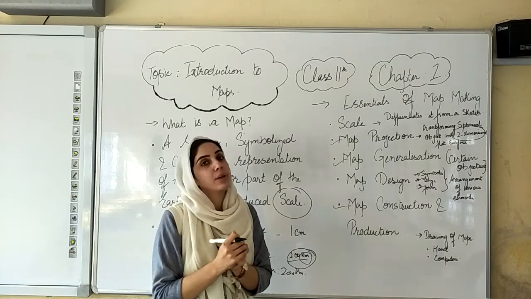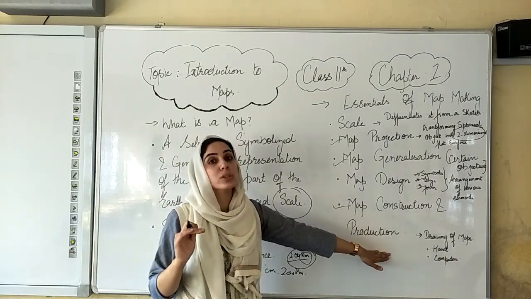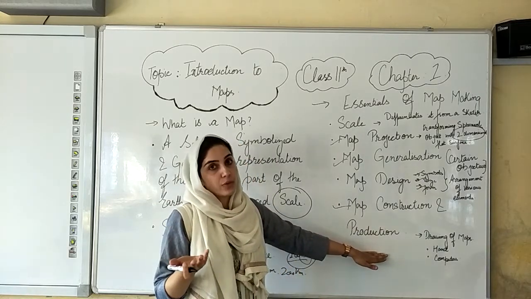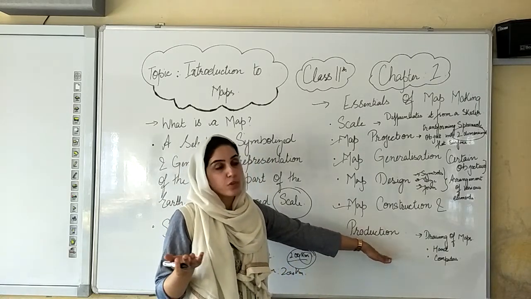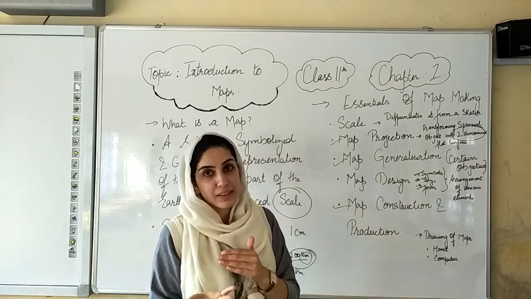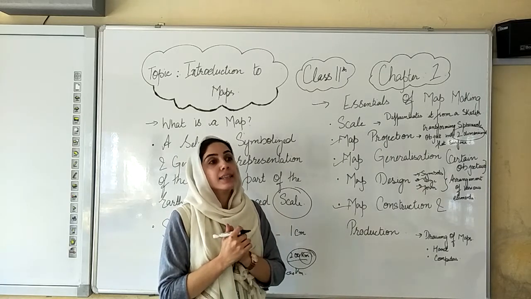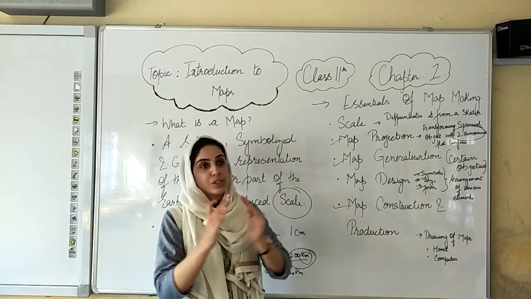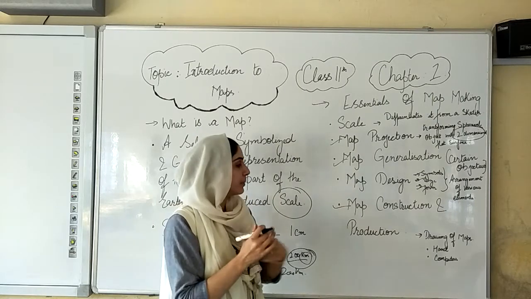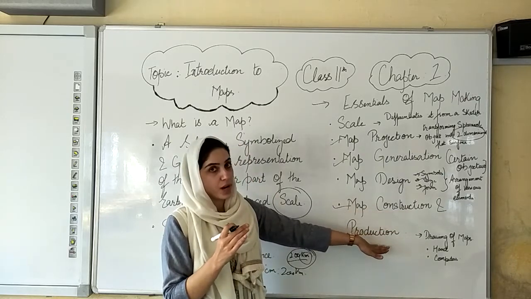But with the advancement of technology, nowadays we are using various softwares. For example, we have AutoCAD, right? Through them, we are able to make the map in a better way, in a faster mode, and the maps they are more perfect. Right? So this was map construction and production.